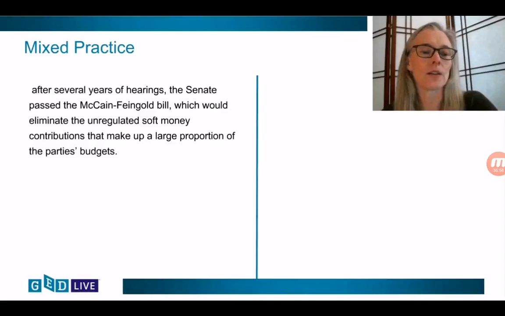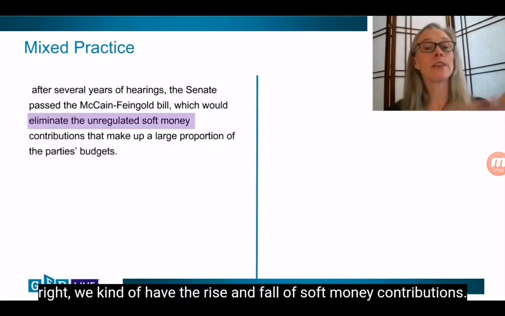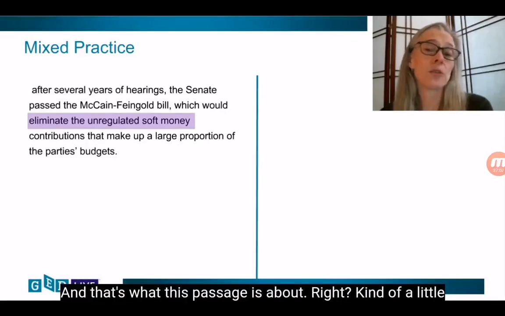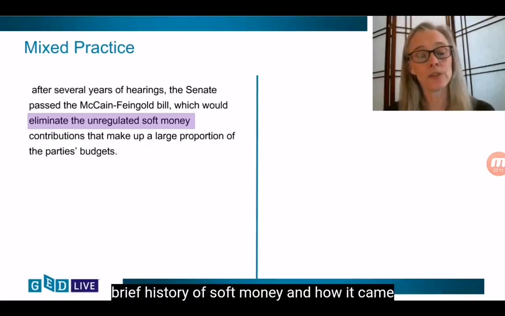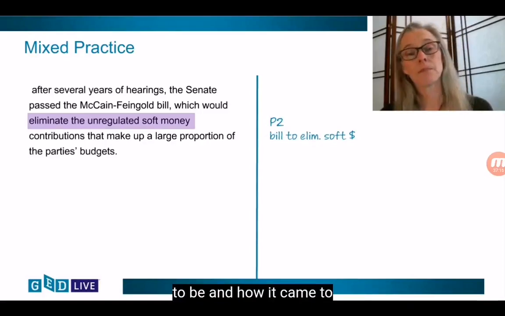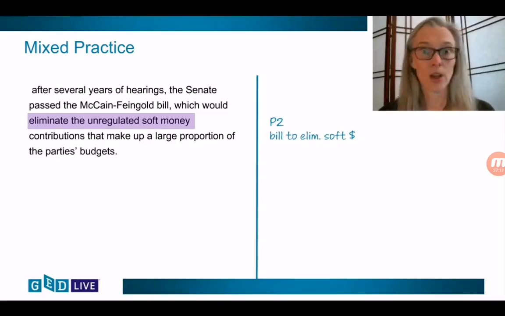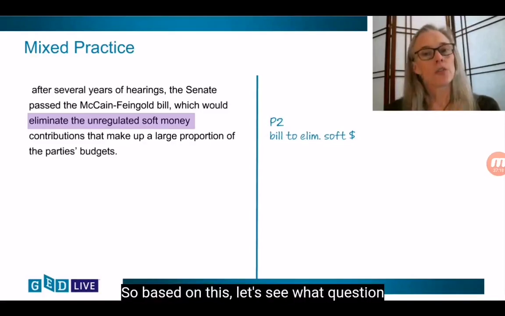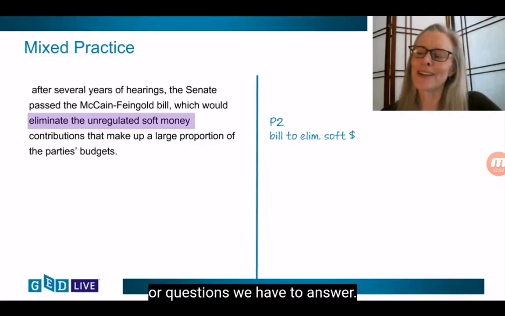Okay, so, right, we kind of have the rise and fall of soft money contributions, and that's what this passage is about. Right? Kind of a little brief history of soft money and how it came to be and how it came to go away. So, based on this, let's see what question or questions we have to answer.